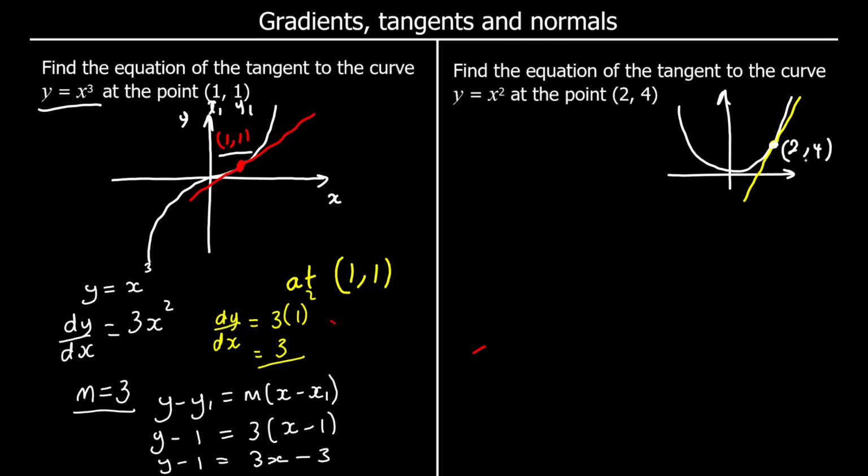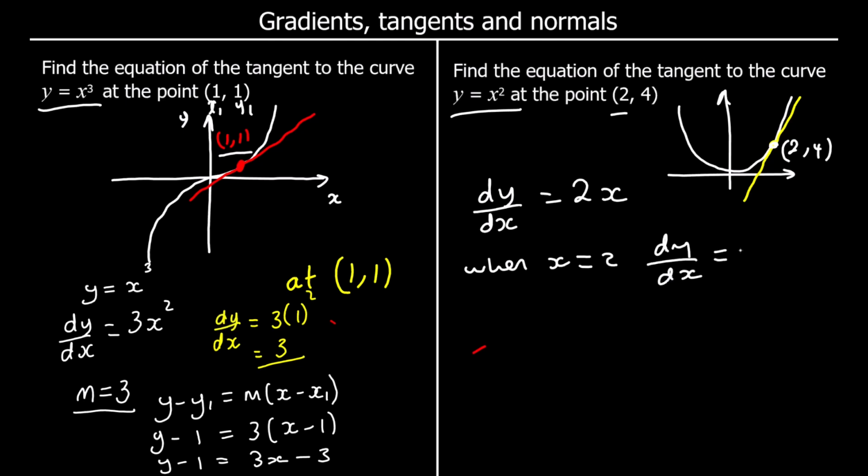So we can find the gradient using dy/dx. So dy/dx this time is 2x. And when x is 2, dy/dx is going to be 2 2's, which is 4. So we've got a gradient of 4, and we've got the point (2, 4).